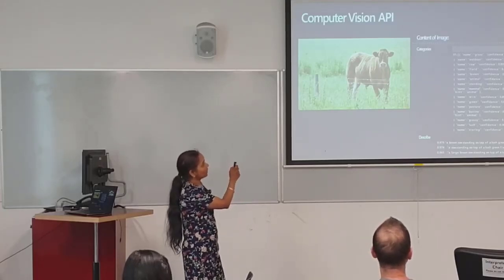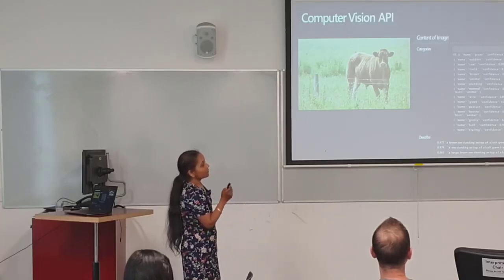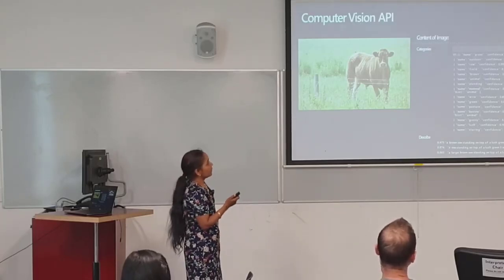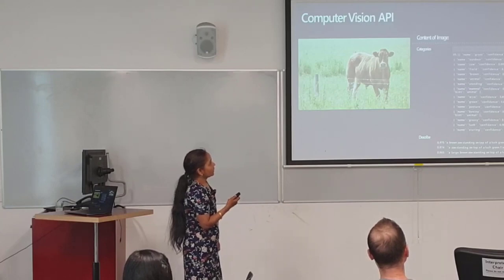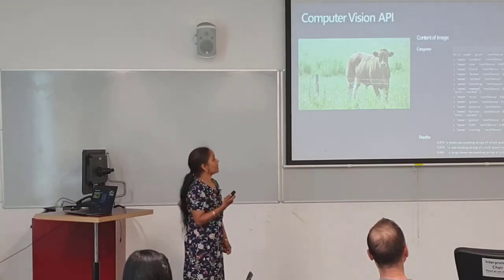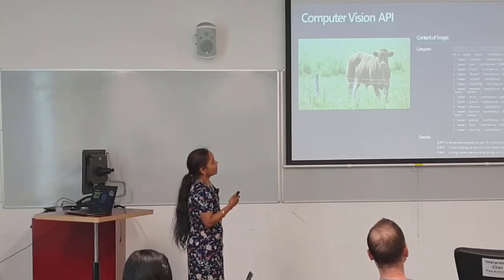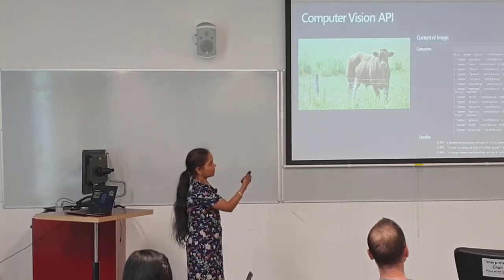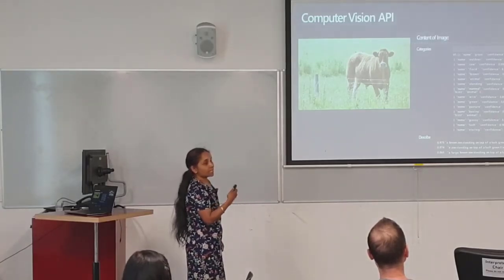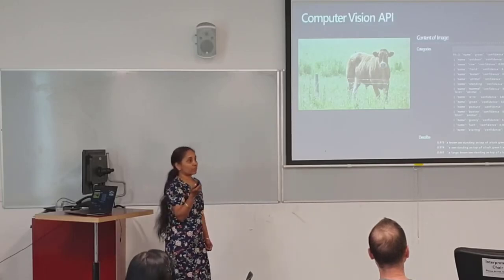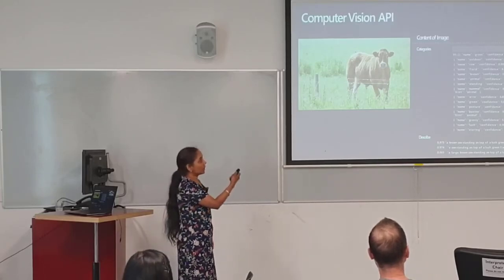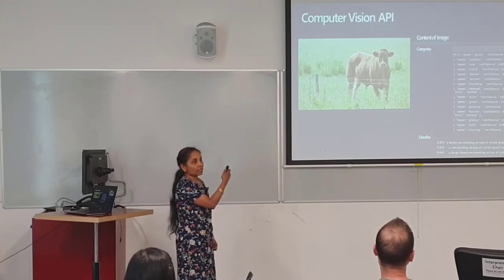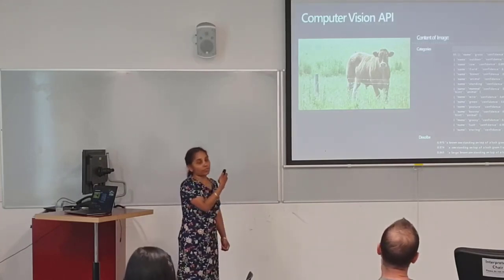And there is a cow there, which is 99%, and it is categorizing it as a field. And the brown color, animal, obviously it's an animal. So there are lots of categorizations with the words, which has been trained by Microsoft. We can't train by uploading some images in computer vision API.